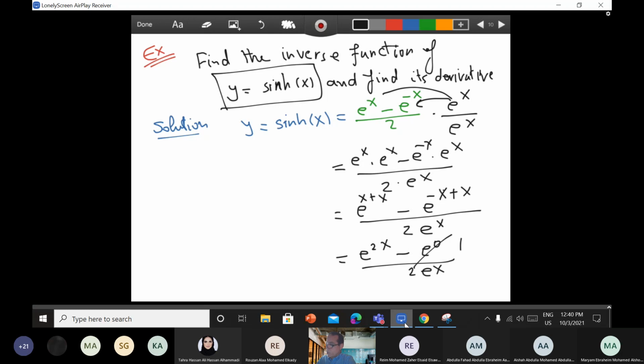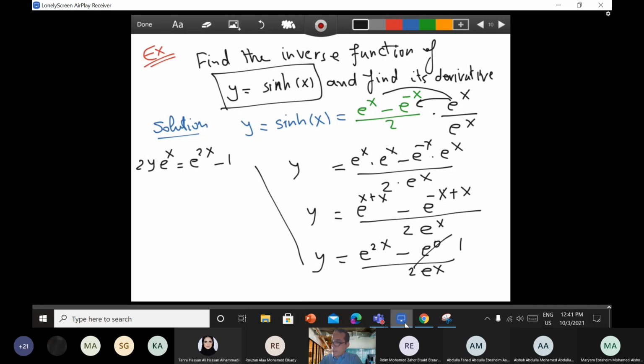E to the 0 is 1, and I still have y over here. Now I multiply by 2 e to the x. So what do you have? I have 2y e to the x equal to e to the 2x minus 1.